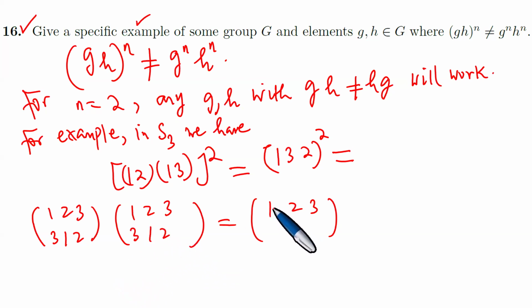So we begin with 1. We then attempt to square this. So 1 goes to 3, but 3 goes to 2. 2 goes to 1, but 1 goes to 3. 3 goes to 2, but 2 goes to 1.